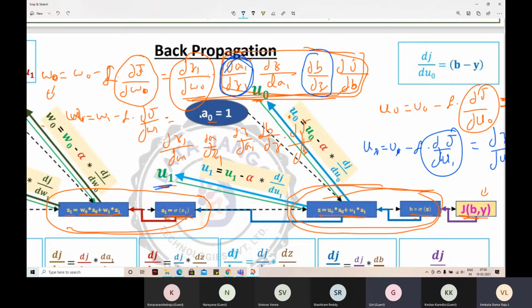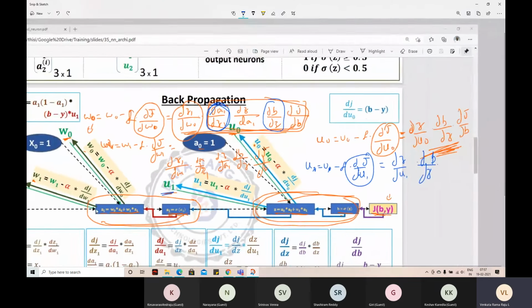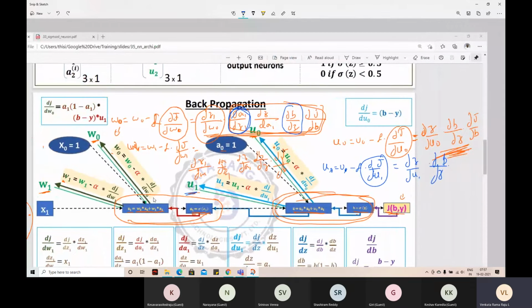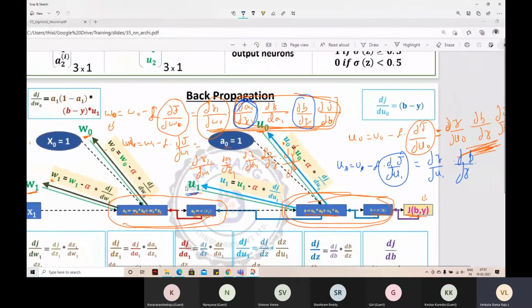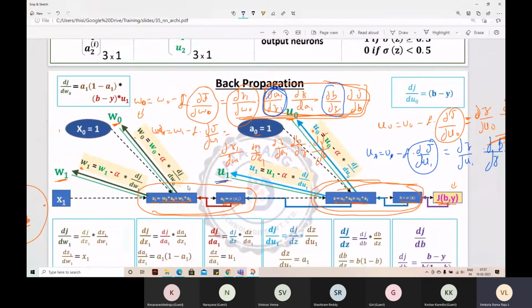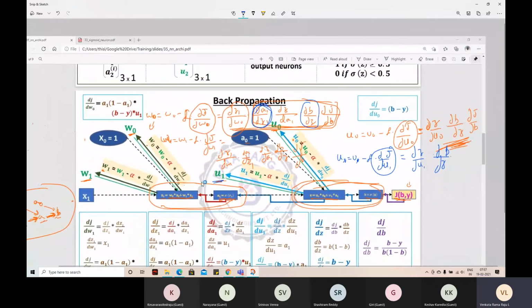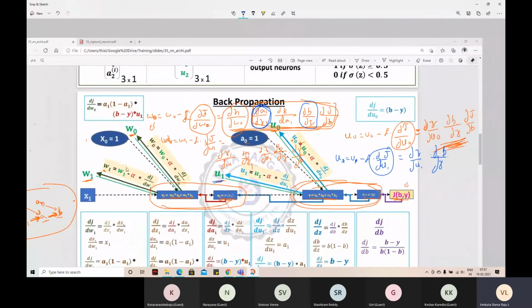Simple, sir. To make this derivative calculation easy, we are splitting it. We are taking the equation in terms of that particular variable so that we can do the derivative easily. This equation is in terms of W1 and W0. This equation is in terms of Z1. This equation is in terms of A1.